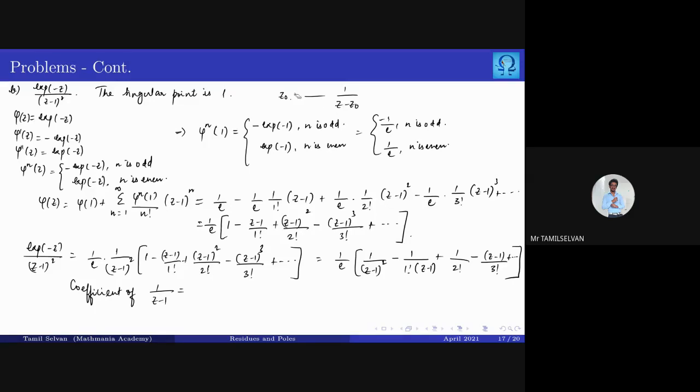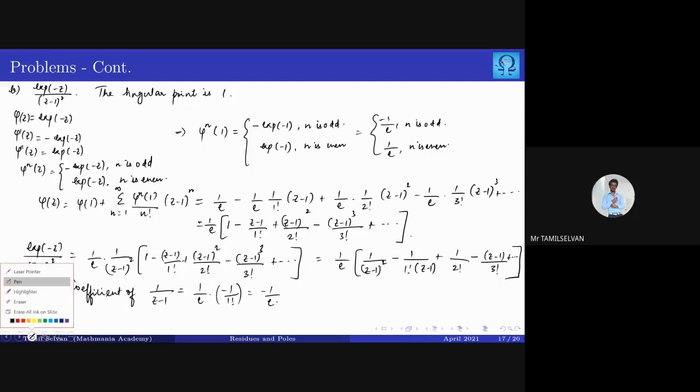So this is 1 upon e, multiplied with the term with 1 upon 1 factorial, that is minus 1 upon 1 factorial. So it is simply minus 1 upon e.